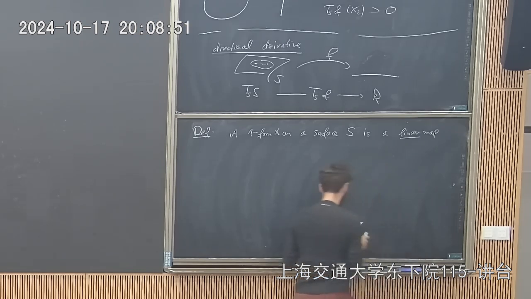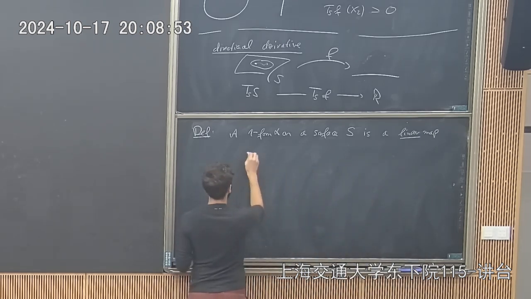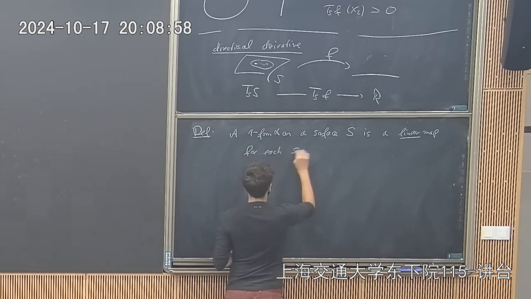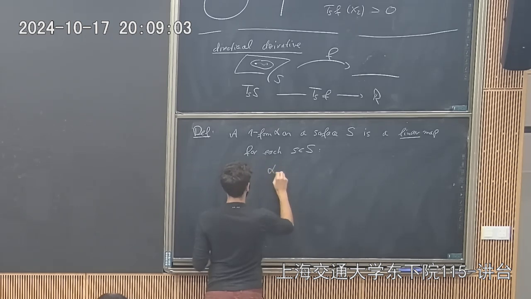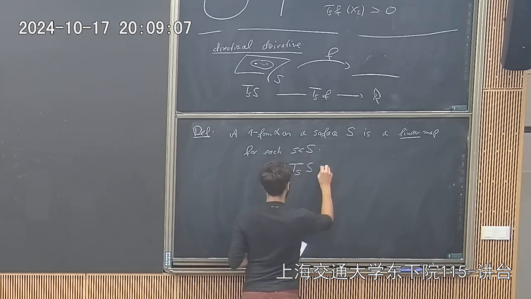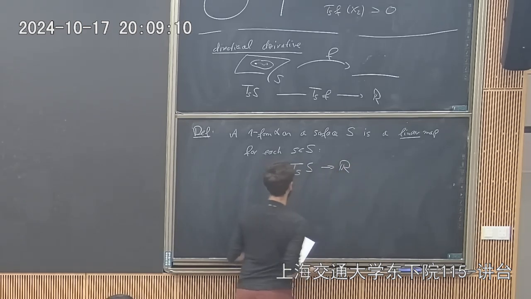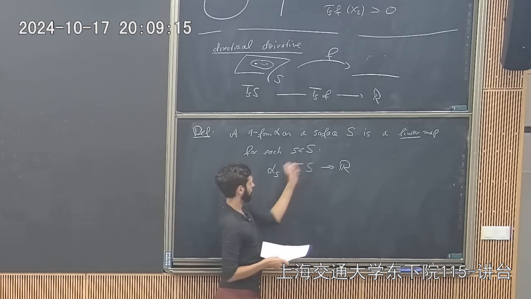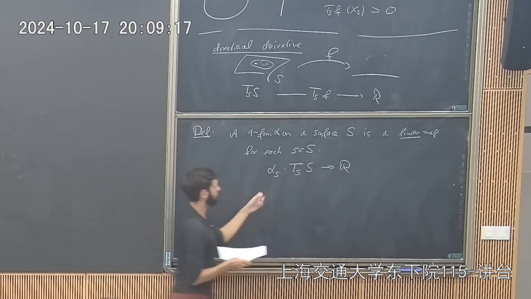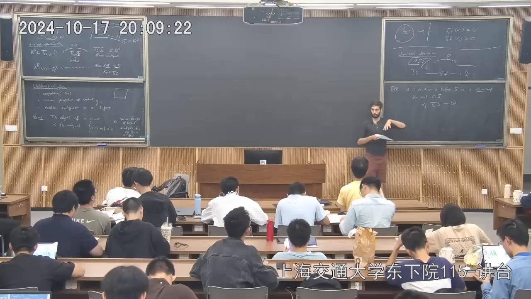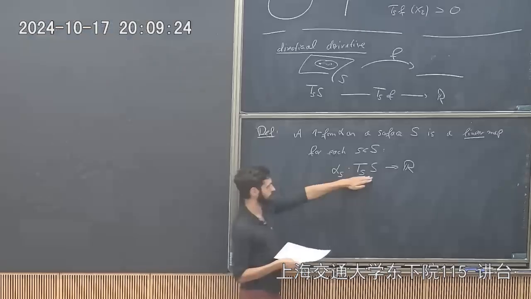So it's important that it's linear. For each point of the surface, we get a linear map, which is denoted again as a subscript. And it's a linear map from tangent vectors of that point into R. So you can think of alpha as giving you a prescription how to measure a certain property of a tangent vector.